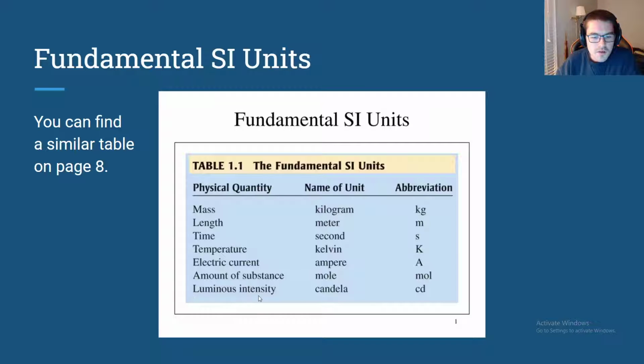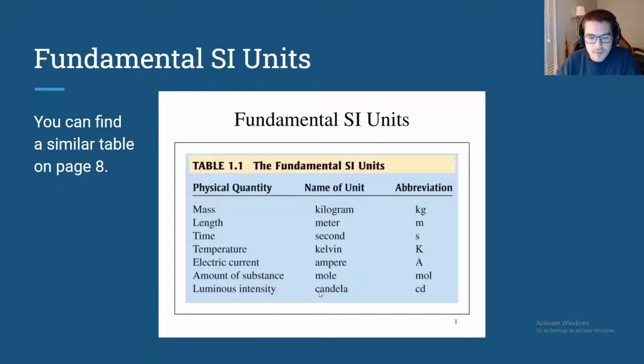And then luminous intensity. Let me just go right off the bat and tell you that we're probably never going to see this again. Luminous intensity, the candela, I honestly cannot think of a time, and I've been doing science for like 15 years, where I had to care about this very much, other than just knowing it exists.